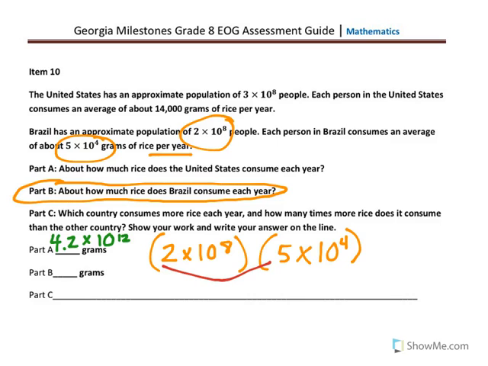So 2 times 5 is 10. And then we keep times 10 to the, and then we add the 8 plus 4, because we have to add the exponents. This is going to give us 12. This is not going to be our answer in scientific notation. This coefficient has to be between 1 and 9.9999.